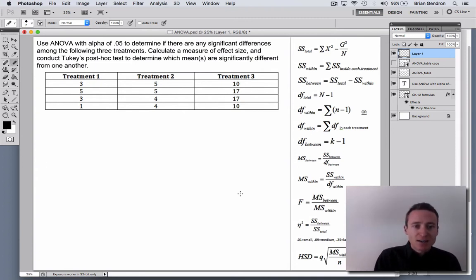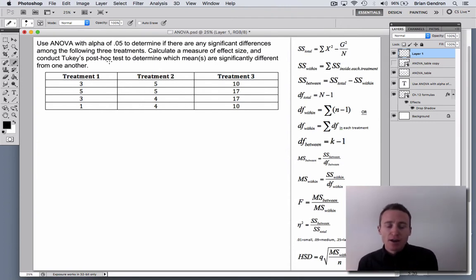That's why you need to conduct a post-hoc test. Post-hoc tests are done after the initial ANOVA test in order to determine where the differences are. So if a difference exists, it might be between treatment 1 and 2, or treatment 1 and 3, or between treatments 2 and 3. That's what post-hoc tests are used to figure out.